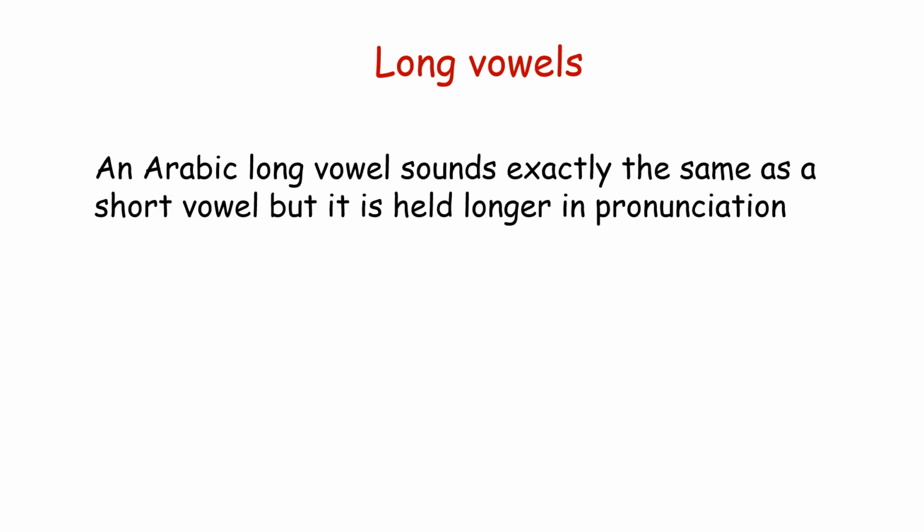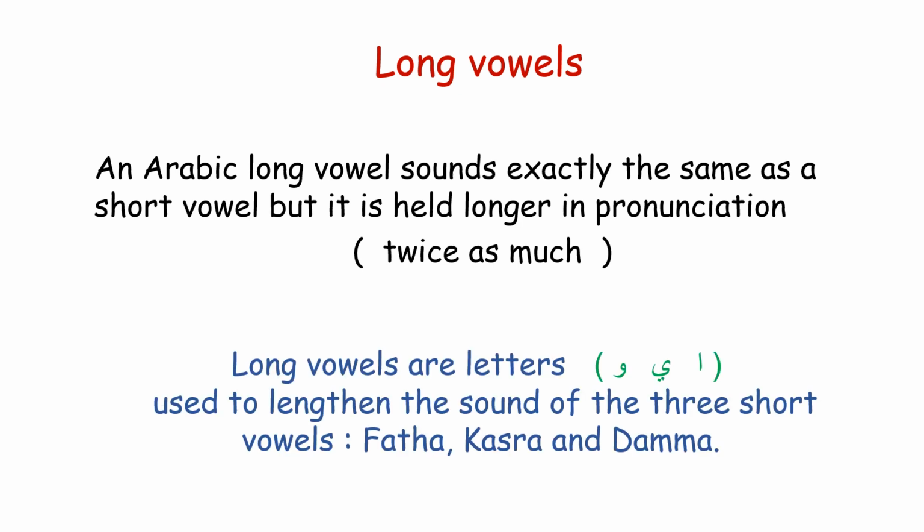An Arabic long vowel sounds exactly as a short vowel but held longer in pronunciation, more specifically, twice as much. We can define long vowels as letters used to lengthen the sound of the three short vowels: فتحة, كسرة, and ضمة.